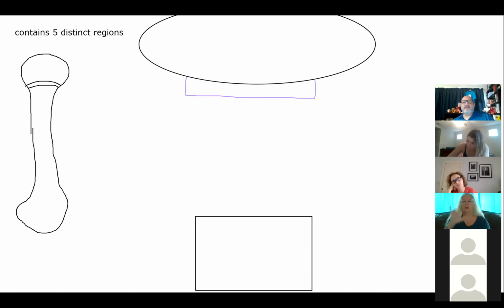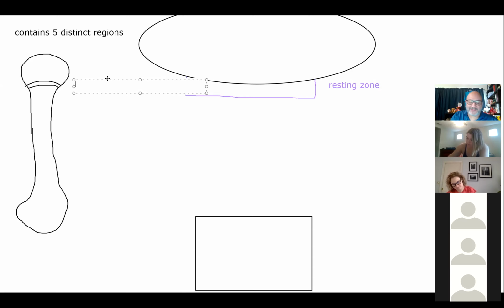Now, the first region, and I'll draw this in purple because it amuses me to do so, is what is known as the resting zone. With a name like the resting zone, how active do you think it is in the growth process? Not very active. This region is not involved in the growth in length. Again, it's not dead. This is living hyaline cartilage.